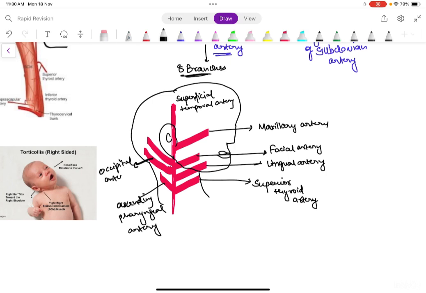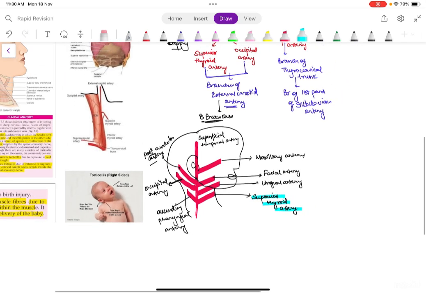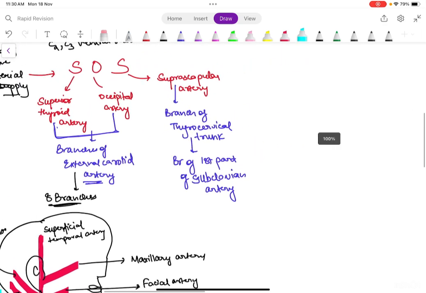This is occipital artery, and this is post auricular artery. All right, so I told you superior thyroid artery, all right, and occipital artery.